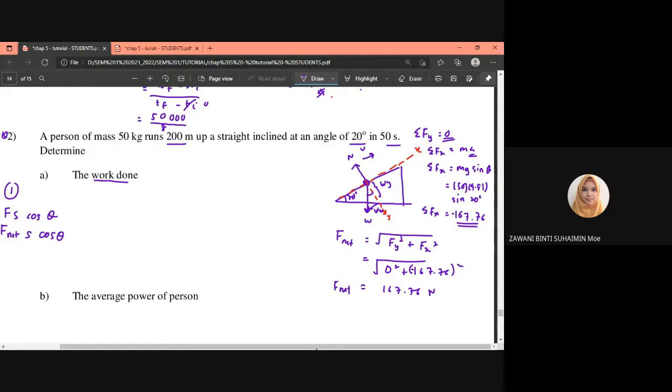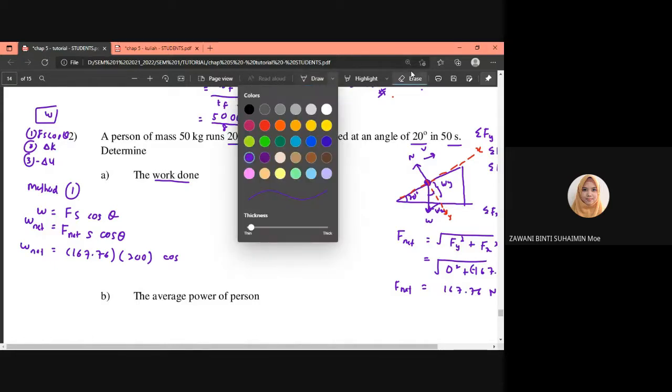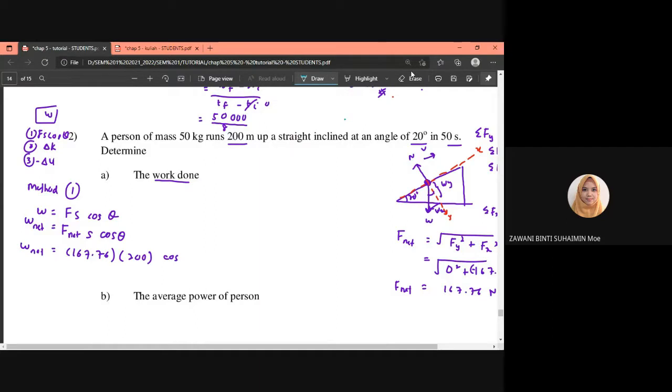So sekarang barulah kita boleh masukkan dalam equation. Work net is equal to force net iaitu 167.76, darab dengan displacement kita, 200, lepas tu cos theta. Theta adalah the angle between our net force tadi dengan motion kita. Direction of force weight in terms of X component ini ke kiri, tapi motion kita ke kanan.